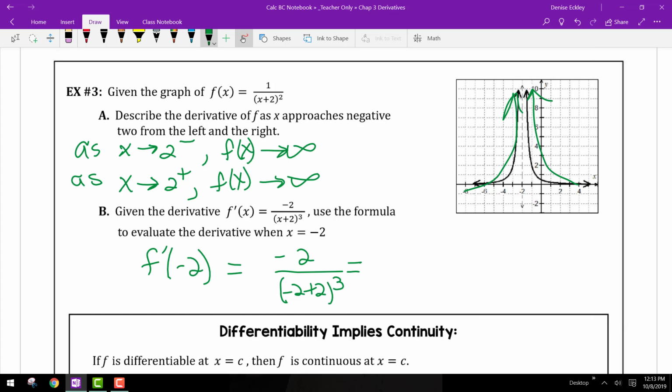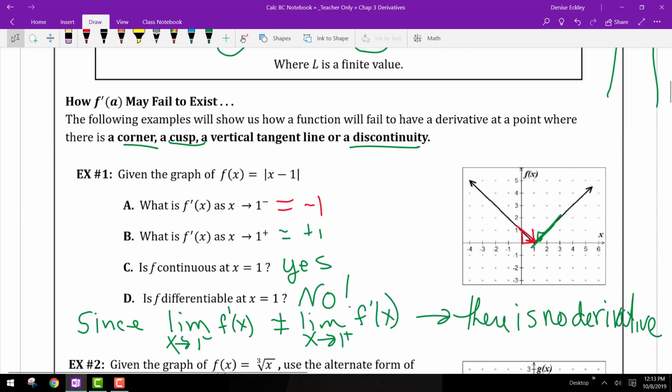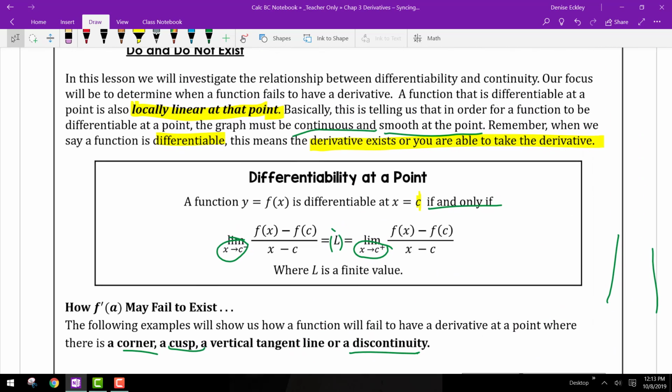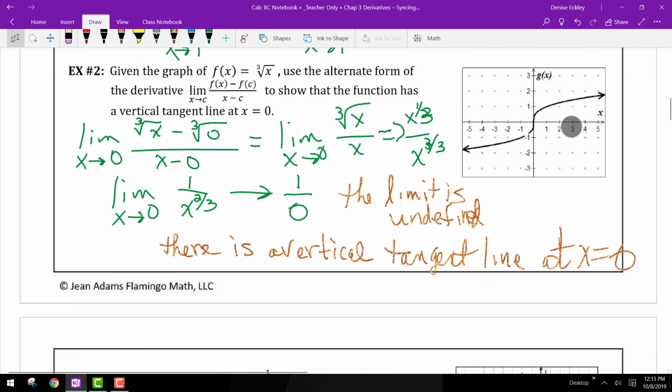So we get -2 over 0, which is undefined, which is exactly what we would expect from what we mentioned right here. Remember that not only do the limits have to equal each other from the left and right, they also have to have a finite value. It's not enough that they're the same from the left and right, they also have to equal a finite value.